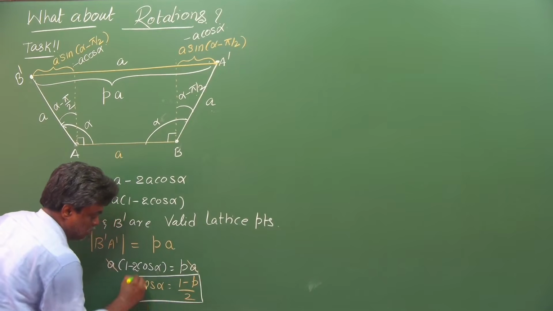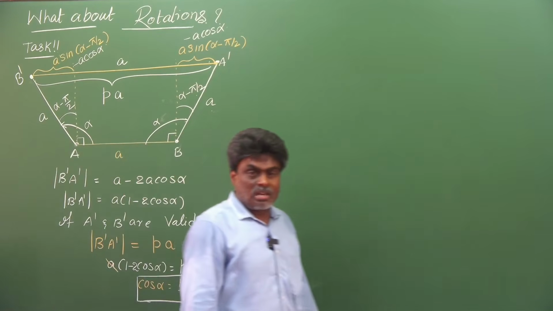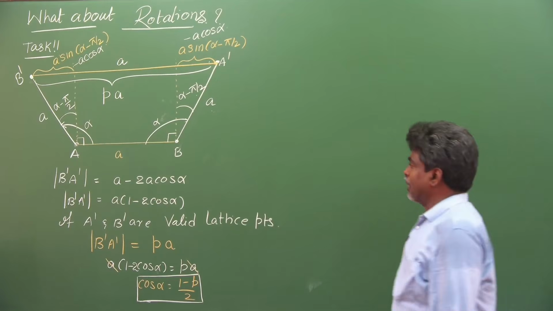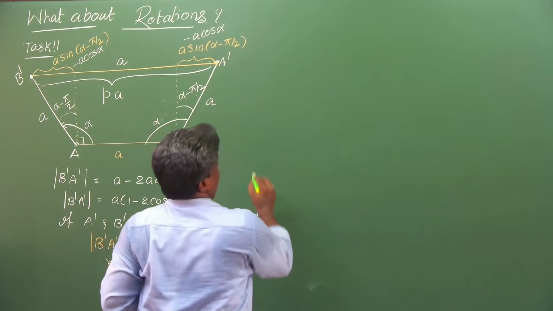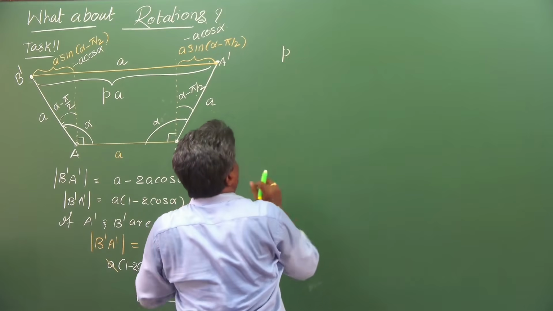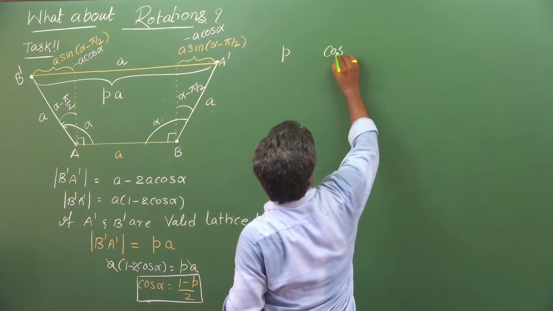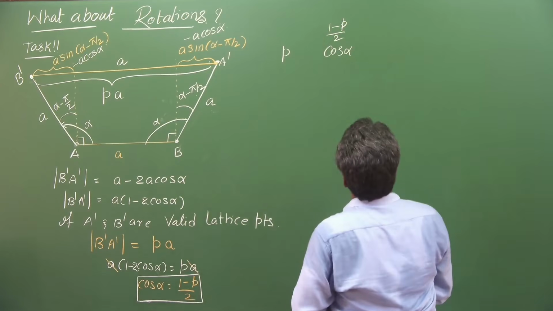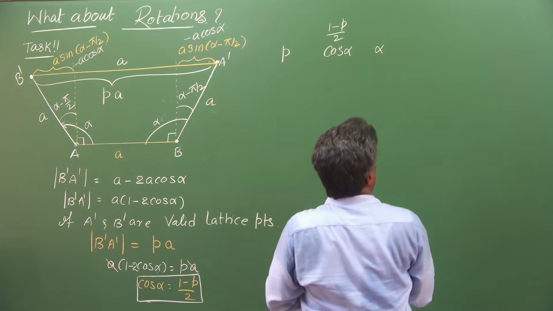Check, sometimes I will make a mistake. So cos alpha equals 1 minus P by 2. Good. Okay. Now come to this. Now I am taking a P value, next cos alpha, because my cos alpha equals 1 minus P by 2. And after that I will get alpha.